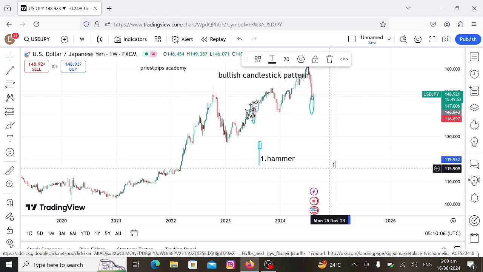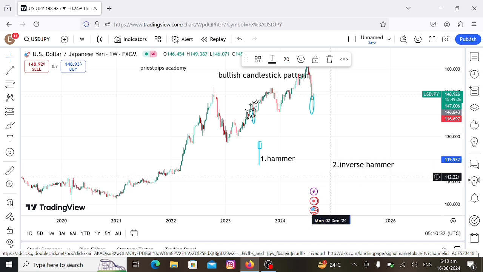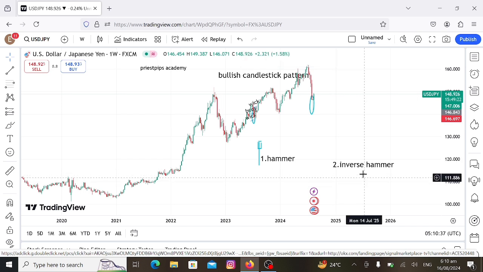We have the inverse hammer. This is number two.